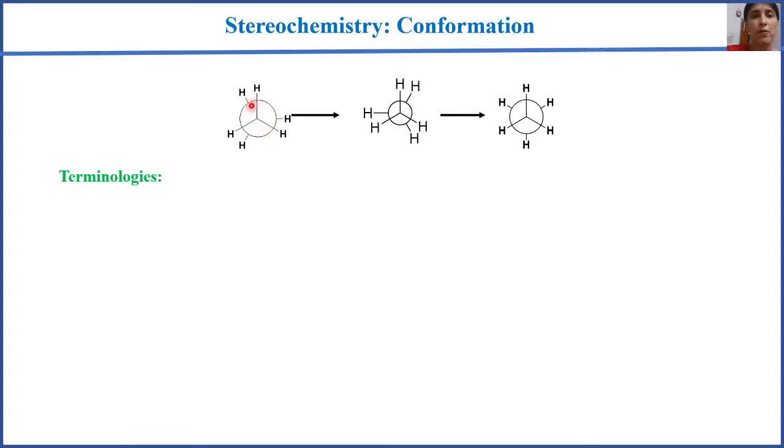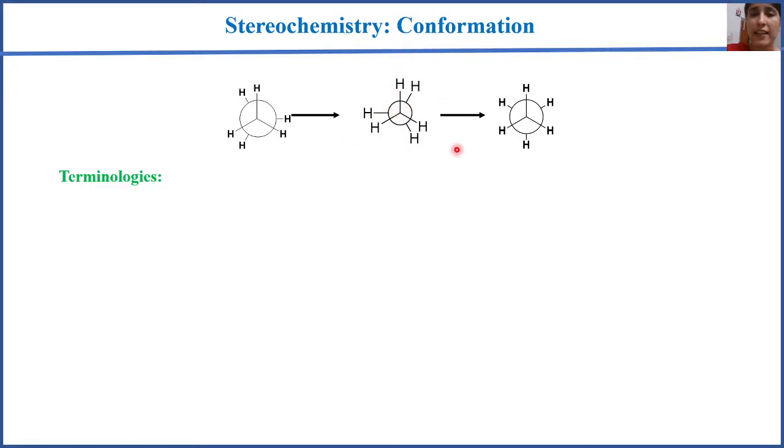You all know about the Newman projection formula, and if we draw the Newman projection formula of ethane, it will look like this. After fixing this front carbon, if we rotate the back carbon, then the structure will be like this: this hydrogen goes over here, this hydrogen goes over here, and this hydrogen goes over here.